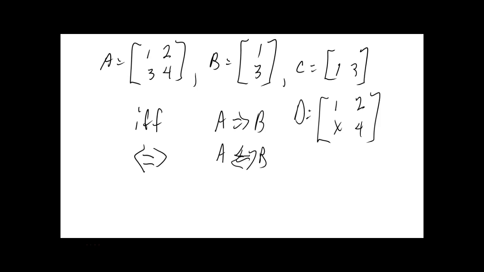Okay. So, now here's another one. What if we had two column matrices? One, 3, and let's call E would be a column matrix 2, 4.